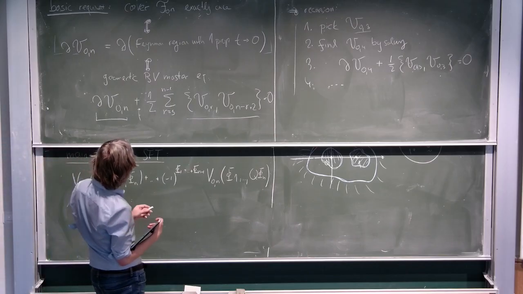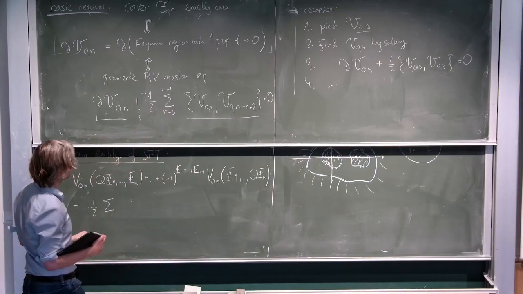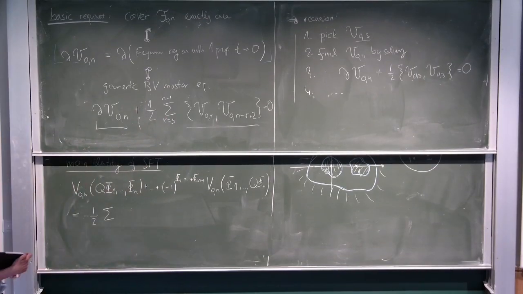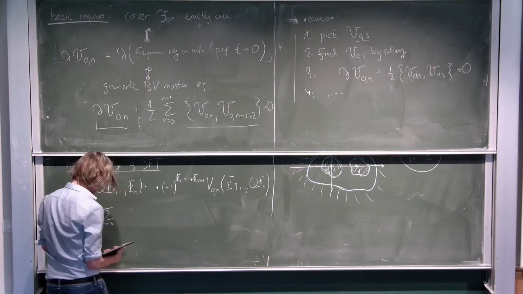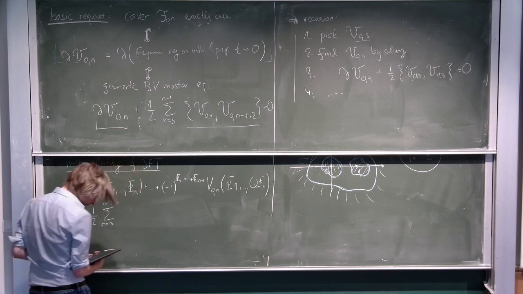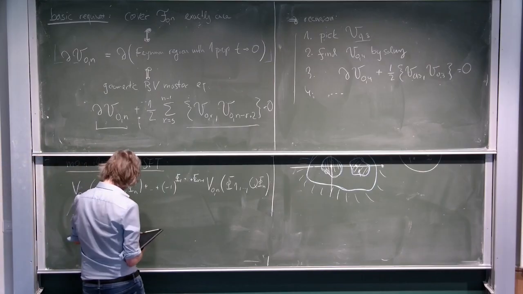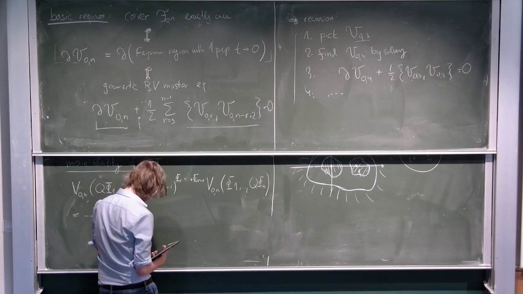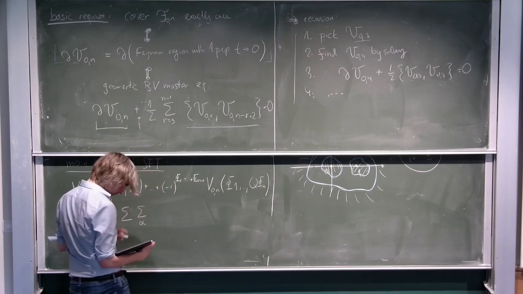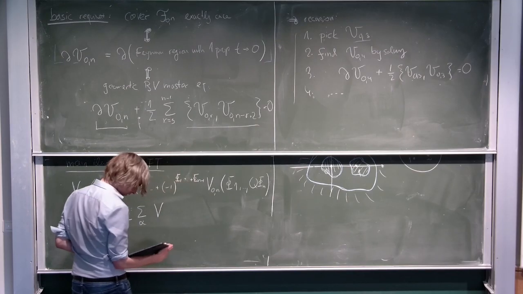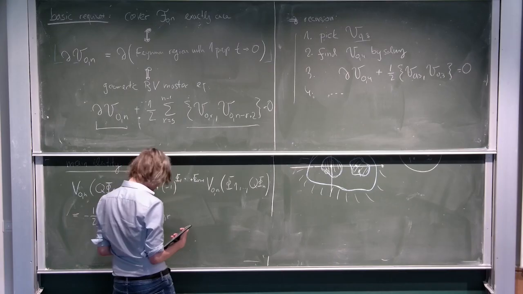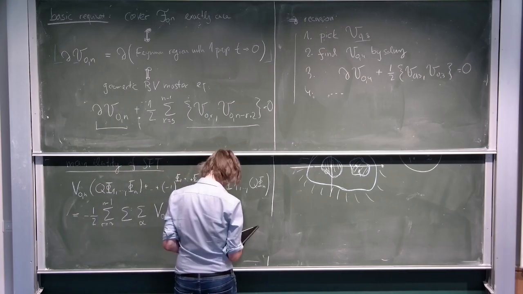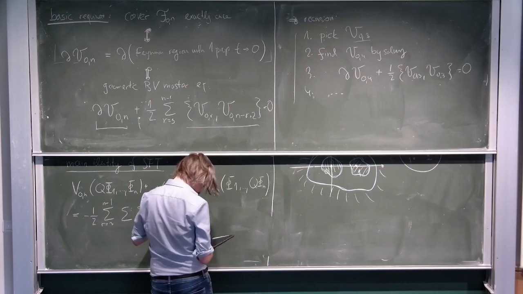But then of course I have to sum over all possible decompositions R. So this is precisely corresponding to the sum over R here, right? So perhaps that was obvious, but I said it nonetheless. So then I have the same sum over this index R. Then I will have a sum which I will explain in a moment. Then I will have a sum over this complete set of states. And this complete set of states is exactly something which I will use again to represent this operation of sewing the two surfaces along these disk-like regions around the punctures.